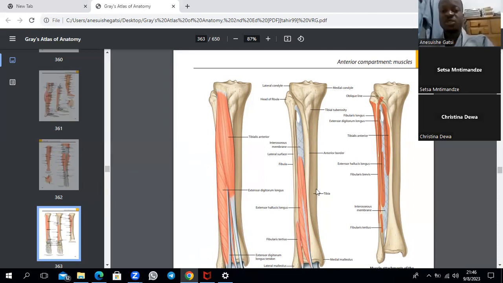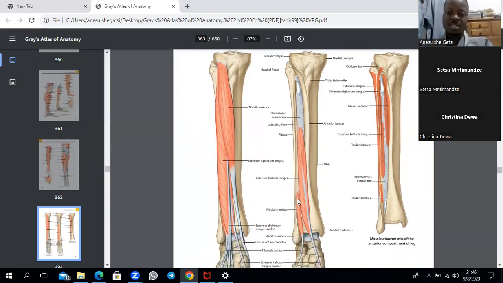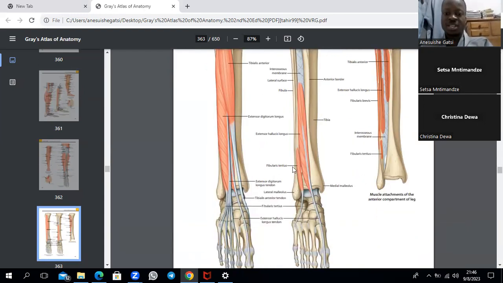Right? Then the fibularis tertius originates from the fibula lower down here. We called it peroneus tertius. And look at where it's going to insert. Remember I said it inserts into the base of the fifth metatarsal. This picture is showing us that. Right.